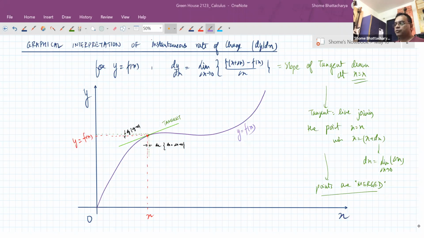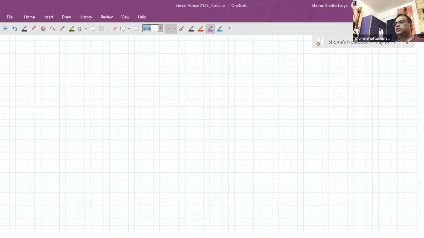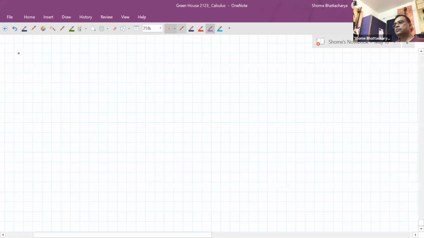Now, before we conclude, we'll see one special case of instantaneous rate of change. That is, if the function is linear. So what is a linear function?